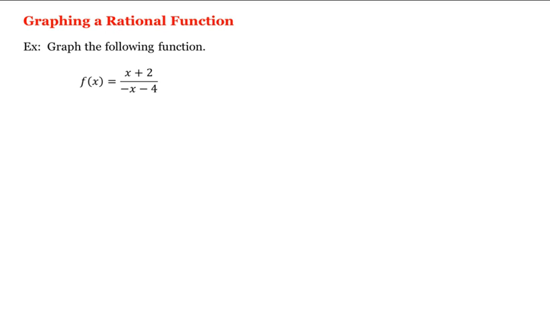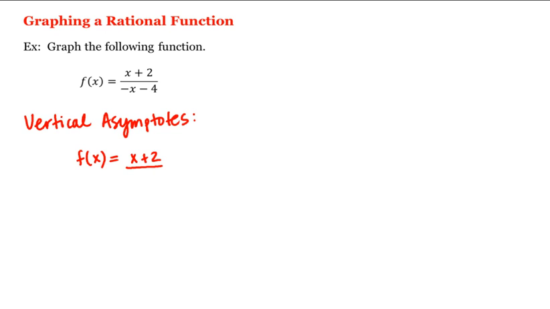And to graph a rational function, we start by identifying any asymptotes. So let's begin with the vertical asymptotes. So we have f(x) is equal to (x + 2) divided by (-x - 4).